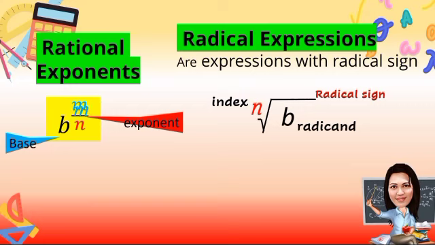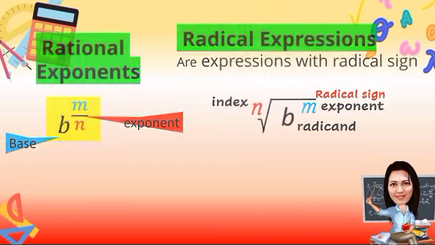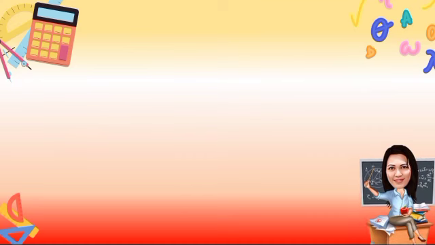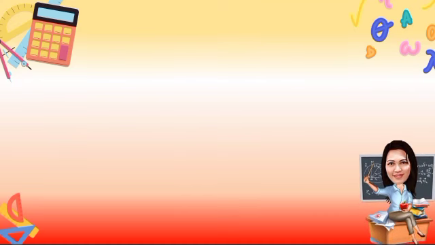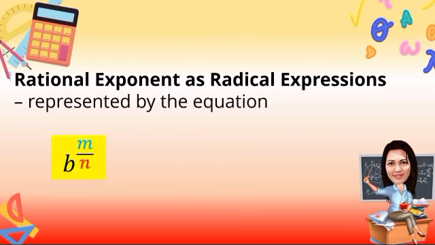And m, the numerator in the rational exponent, becomes the exponent of the radicand. So, therefore, rational exponent as a radical expression is represented by the equation b raised to m over n is equal to the nth root of b raised to m.